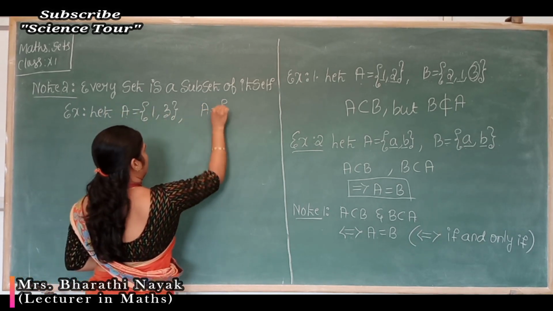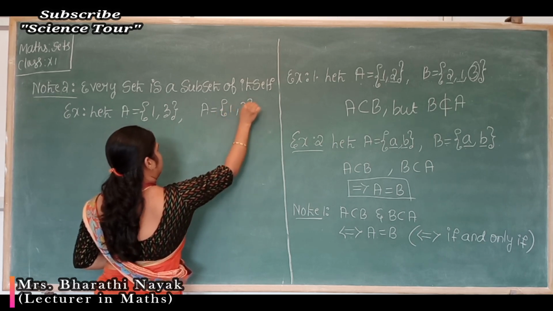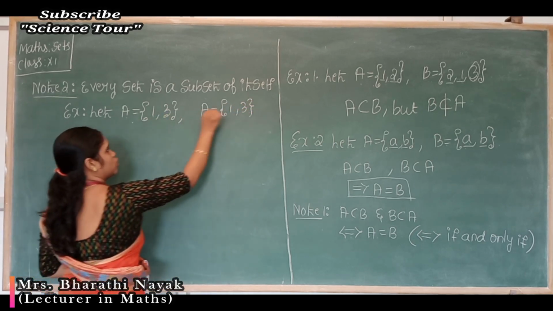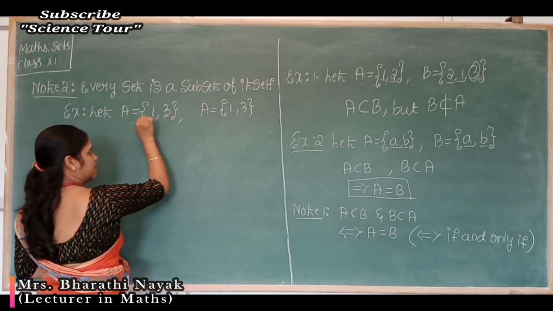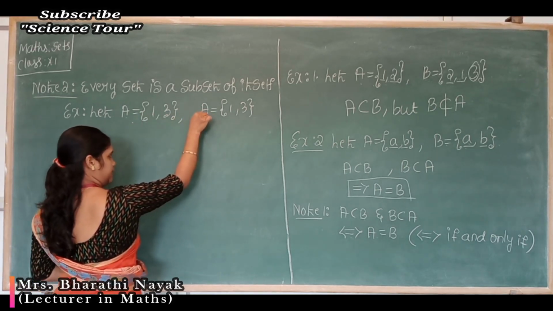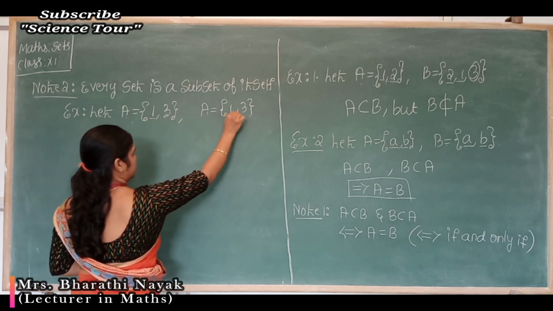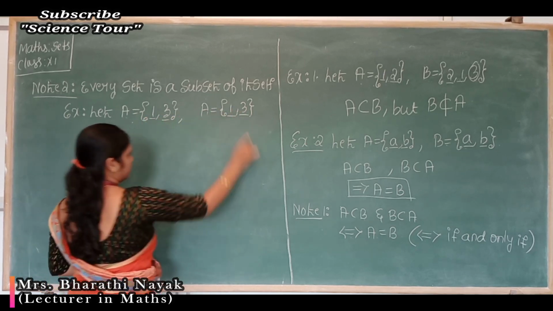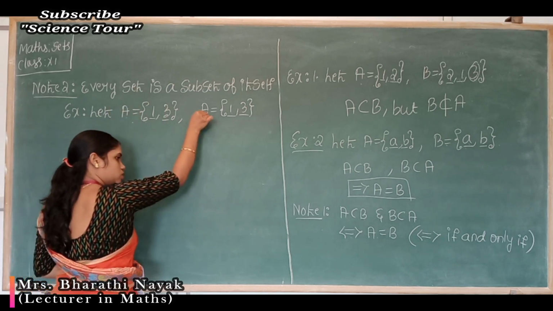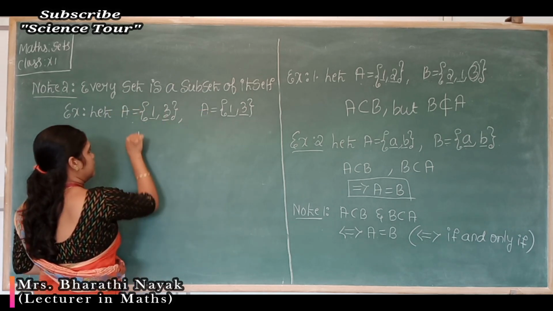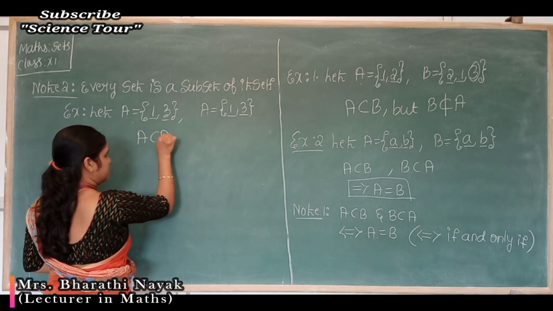Set A is equal to the set containing 1, 3. I will write this same set twice. Just compare the elements of these two sets. 1, yes, 3, yes. So now can you say A is a subset of the same set? Yes, A is a subset of the same set A.